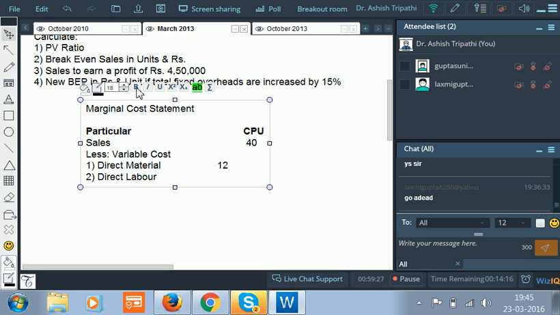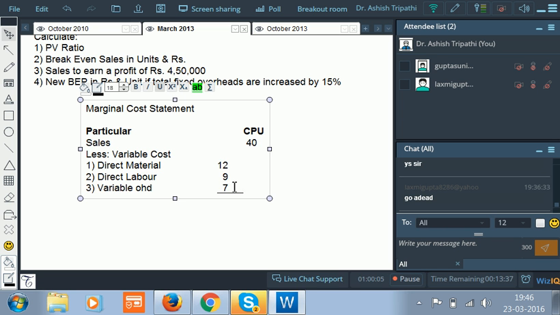Second, direct labor is 9. Third, variable overhead is 7.